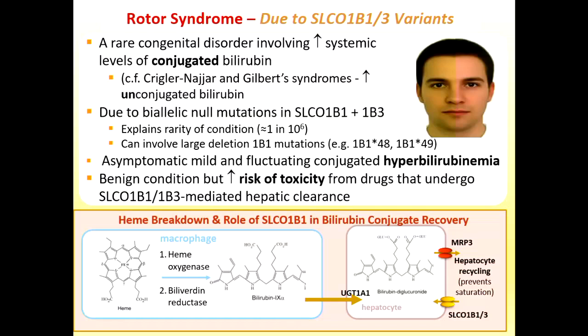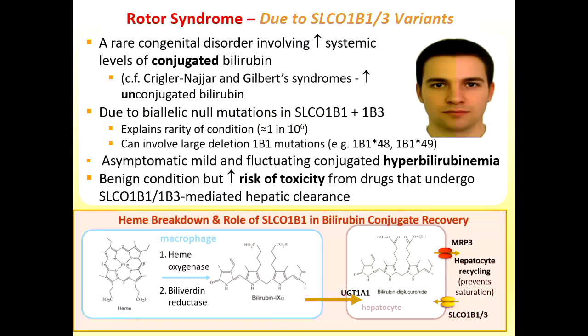And this is quite similar to, if you remember way back in first semester when I was talking about phase 2 drug metabolism, I introduced some conditions known as Crigler-Najjar and Gilbert syndrome. And remember that these folks have an inherited deficiency in UGT, uridine diphosphate glucuronosyltransferase, the UGT1A1.